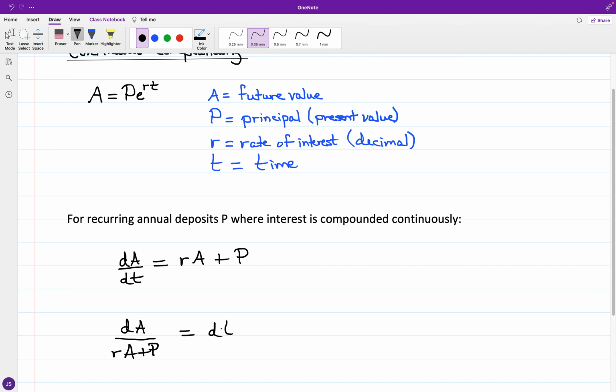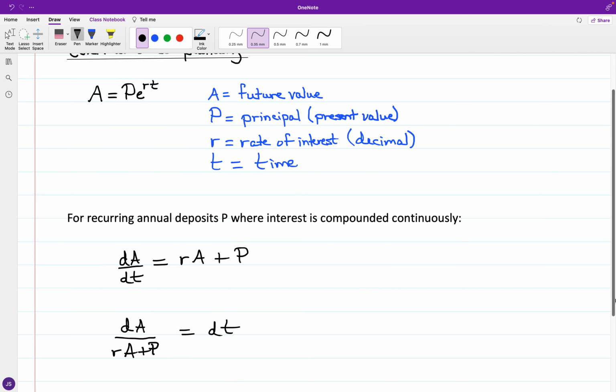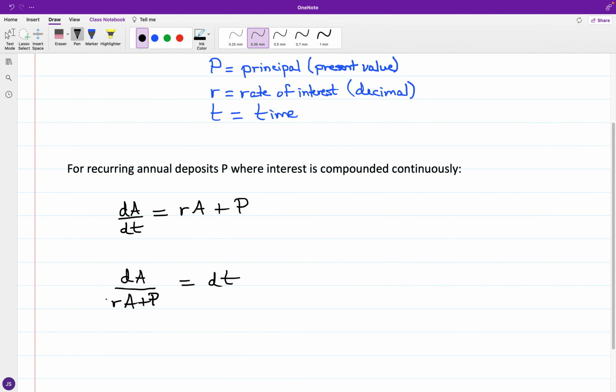So we have the terms in A on one side of the equation, and also we have dt on the other. Upon separating, we can go ahead and integrate.